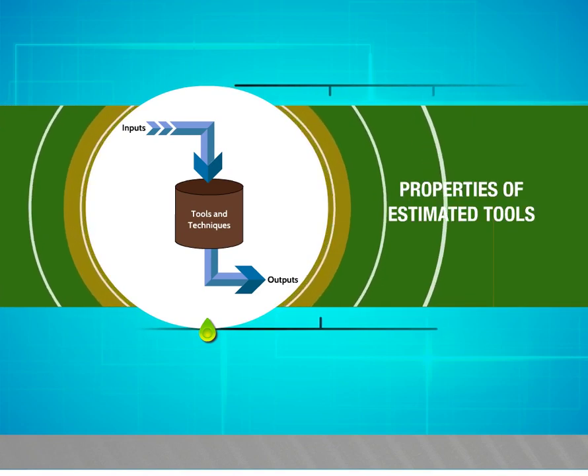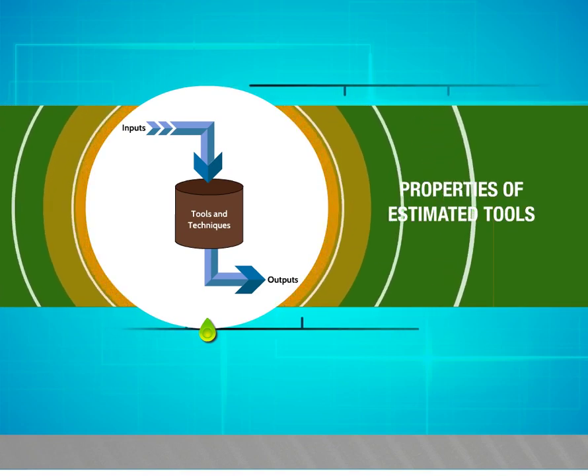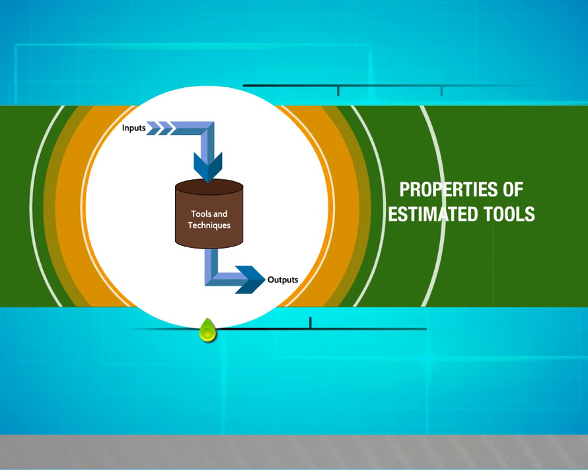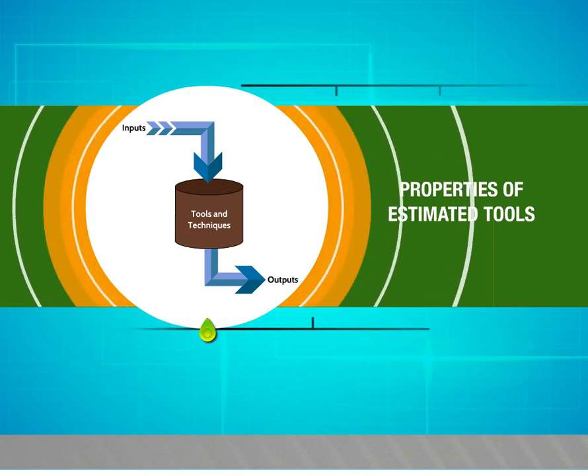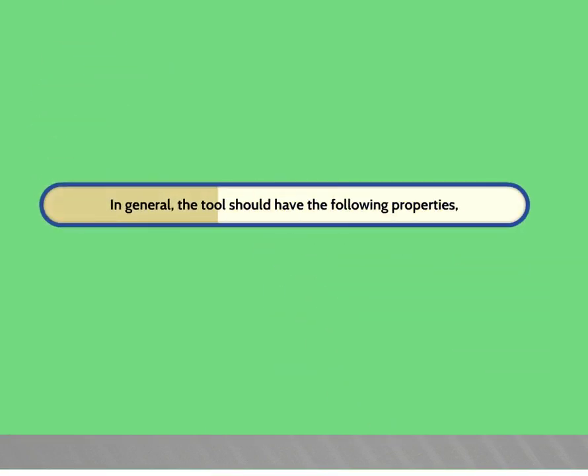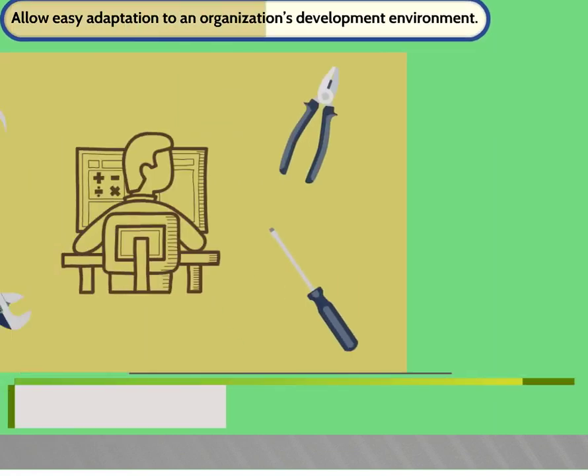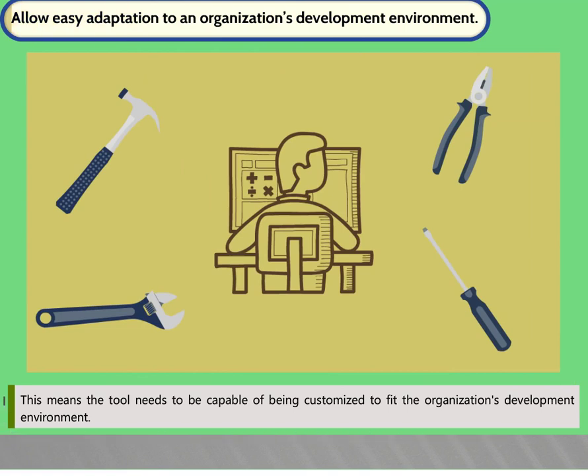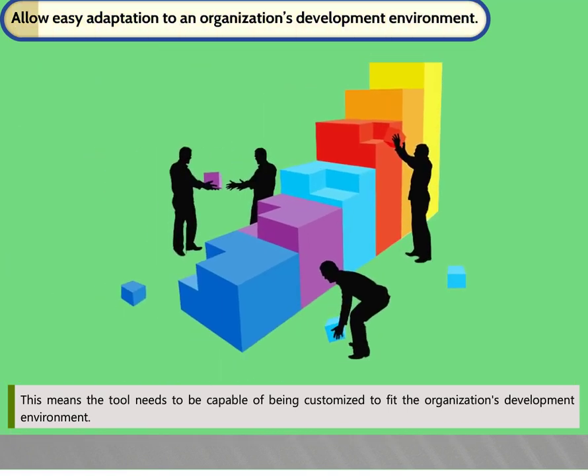Properties of estimation tools. In this animation, we are going to see about properties of estimation tools. In general, the tool should have the following properties. Allow easy adaptation to an organization's development environment. This means the tool needs to be capable of being customized to fit the organization's development environment.